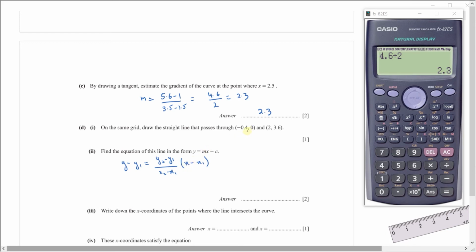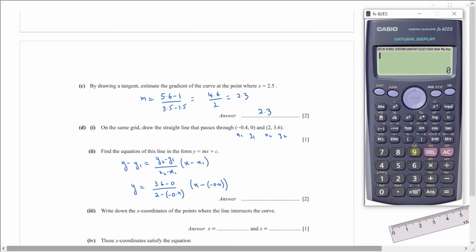So let's substitute the values. Let me take these as x1 and y1 and this as x2 and y2. So y minus y1 is 0. So this will be simply y equals 3.6 minus 0 over 2 minus -0.4 times x minus x1, which is -0.4.